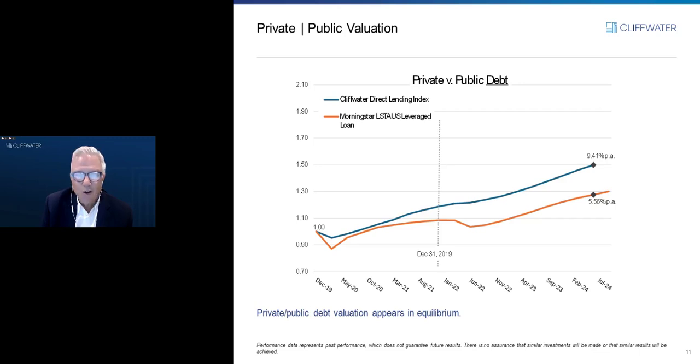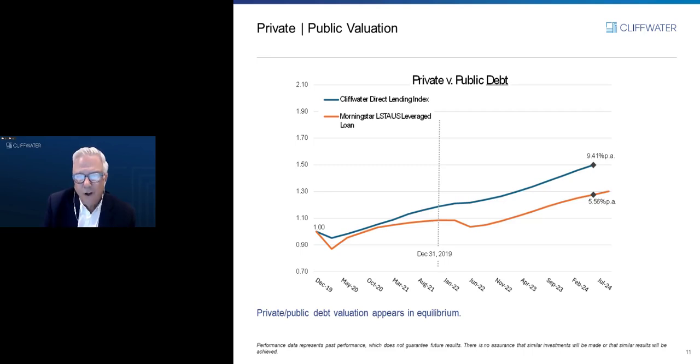Basically, because of the lower risk in both leveraged loans and the CDLI, these paths are smoother. The leveraged loan index did fall during COVID, and so did our index. So there was no lag in terms of private debt valuation.